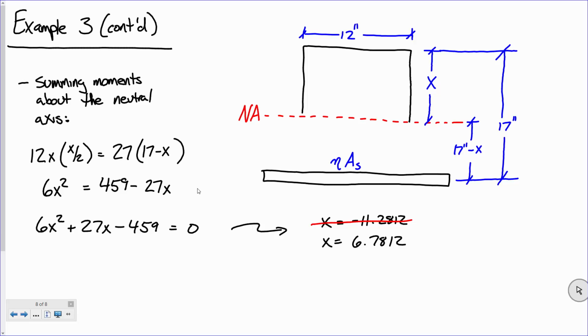You should get 2 answers. We eliminate one of those right off the bat because you will get 1 negative value for x and 1 positive value for x. It doesn't make sense to have a negative value for x. It's not valid. So our x distance for this problem is 6.78 inches and change.